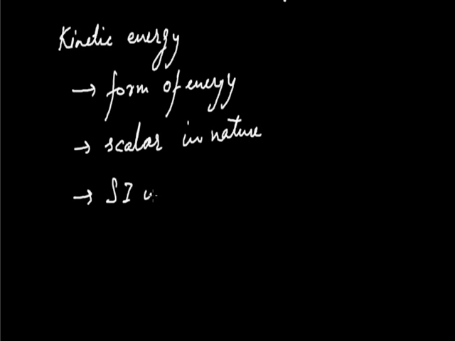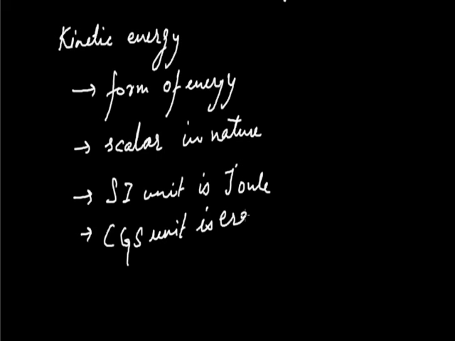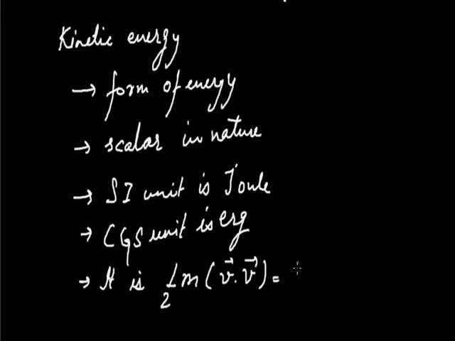SI unit is joule, CGS unit is erg. It is given as half into m into v vector dot v vector, which gives us the value half m v square, which is not responding to the direction of the motion of the object.